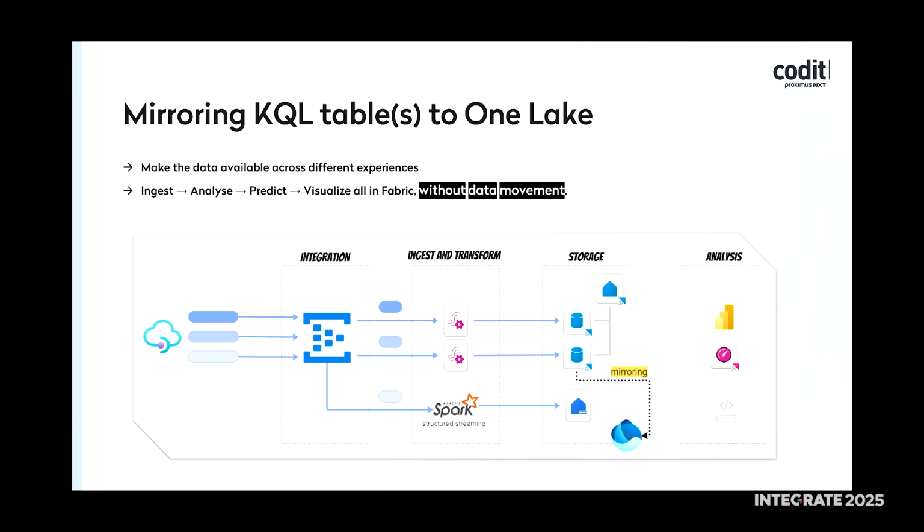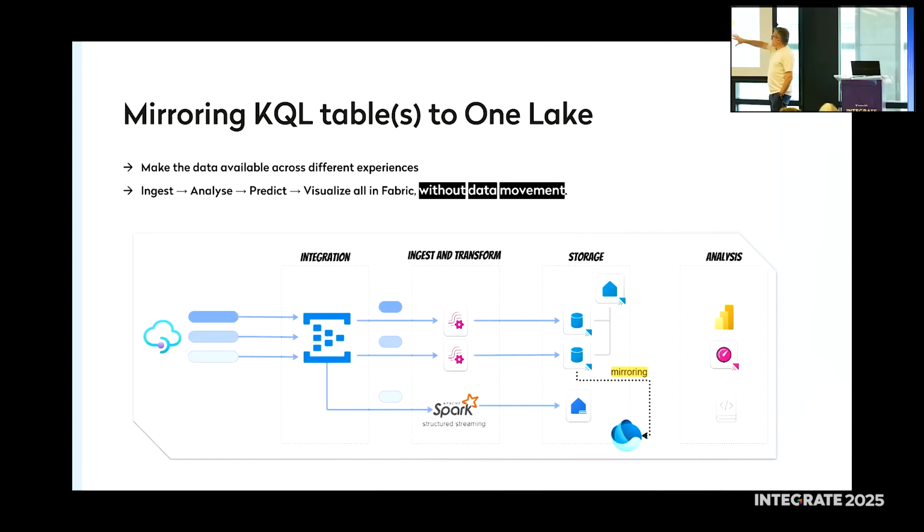Now, a very important thing also mentioned yesterday: mirroring. While we are bringing our data into the KQL database, to give the Contoso Online people the possibility to analyze their logs, that's what they want to do. But then there are also other people called data analysts and data scientists. They want to do something else. And reality check, they do not like KQL. They want something else.